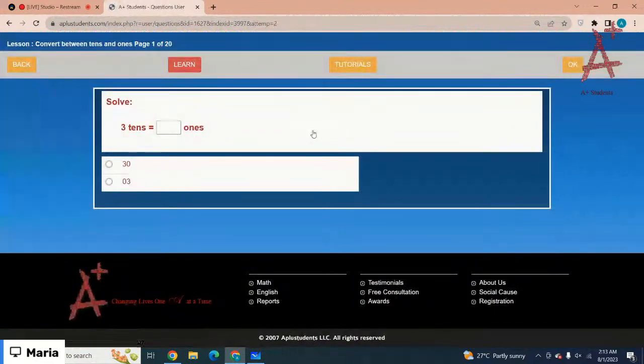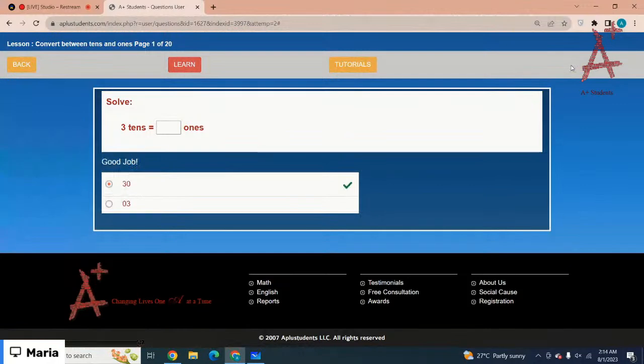Which is the correct option? 3 tens. 3 is at the tens position, so that equals 30, right? The digit at the ones position is 0. So 3 tens equals 30 ones.